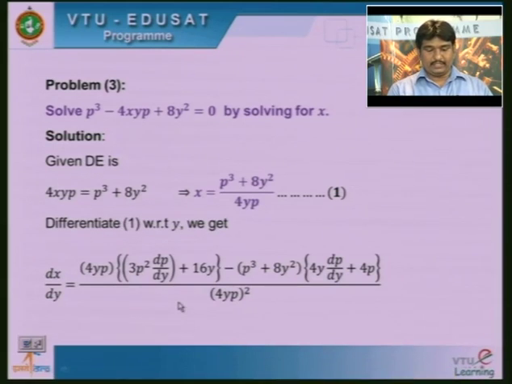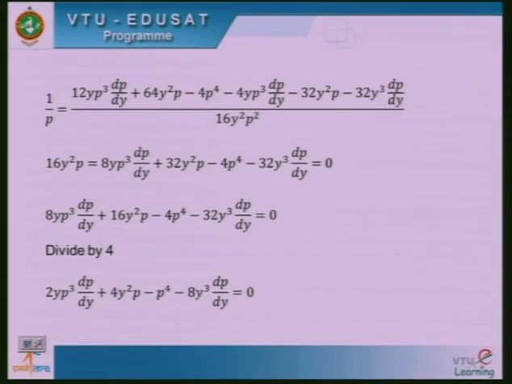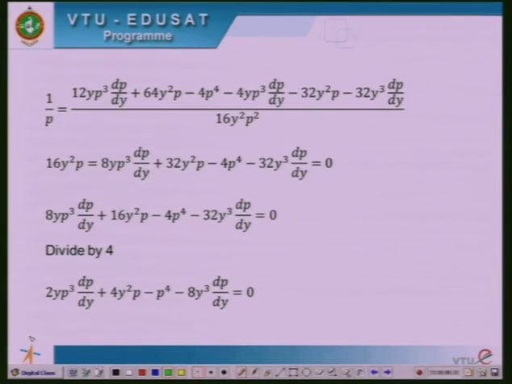and simplify this to get 1 by p equals 12yp cube dp by dy plus 64y square p minus 4p to the power of 4 minus 4yp cube into dp by dy minus 32y square p minus 32y cube into dp by dy, divided by 16y square into p square.